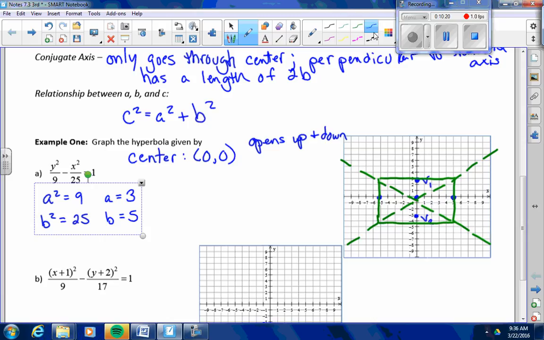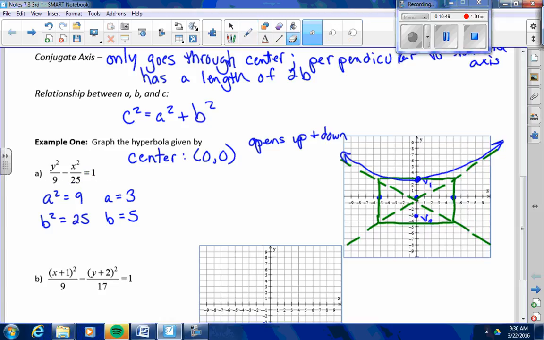With those asymptote lines, we can now draw the shape of the hyperbola. So from your first vertex, the hyperbola is going to come all the way out to that asymptote line without crossing it. And it's going to do that in both directions. And then with the other vertex down below, looks like my box got off a little bit.